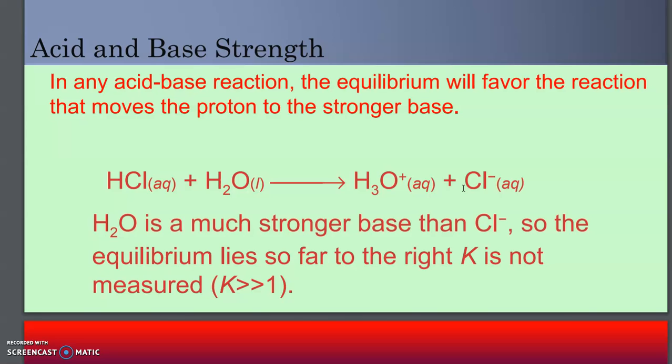If we compare H2O and Cl-, H2O is more basic compared to Cl-. So the equilibrium lies so far to the right. Only in this position does the equilibrium favor. So K is very much greater than 1.